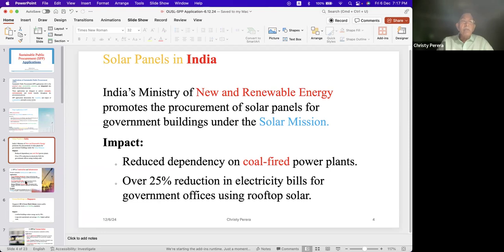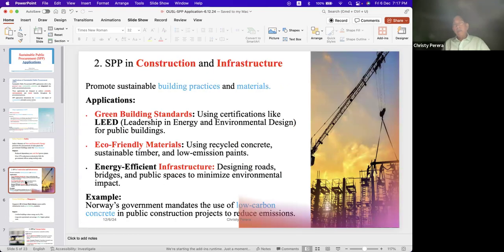So the next one will go to number 2. Sustainable public procurement in construction and infrastructure. I have just selected one picture here related to construction. Now, a lot of construction and infrastructure projects are there.